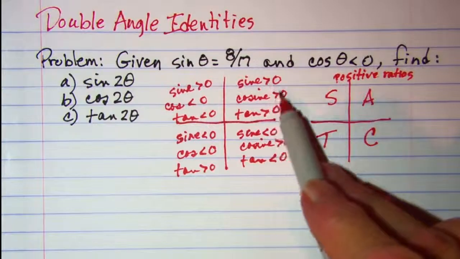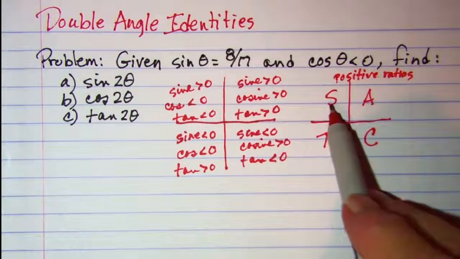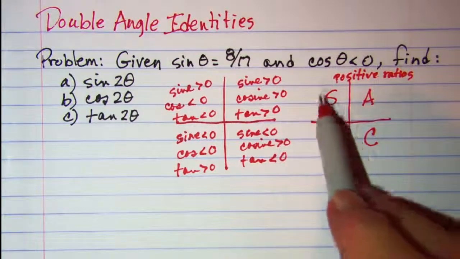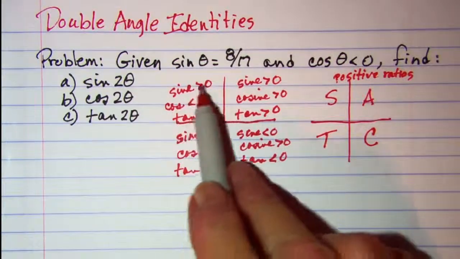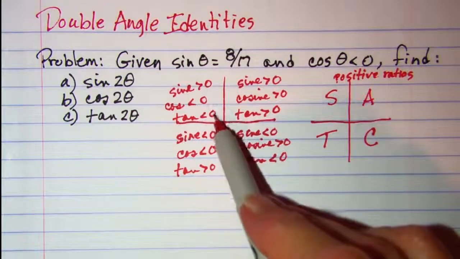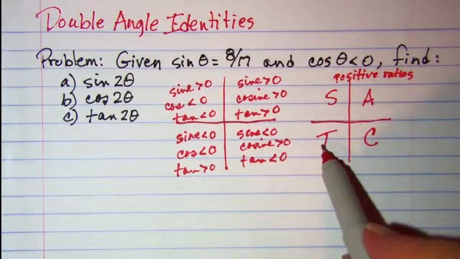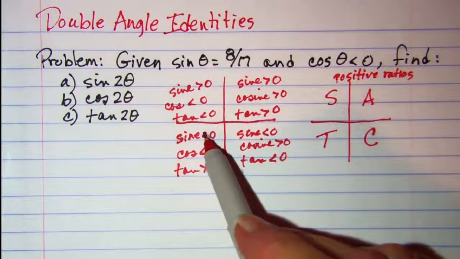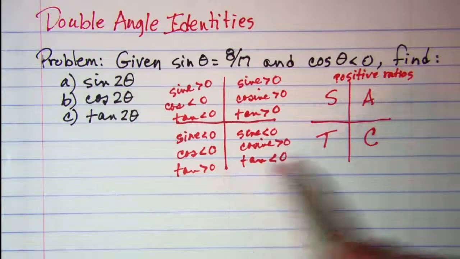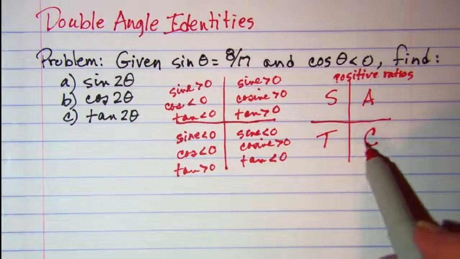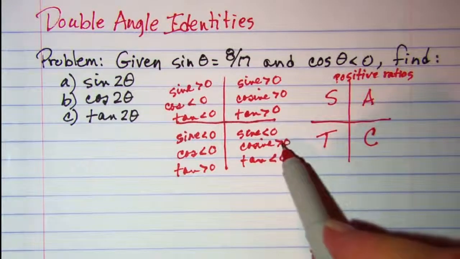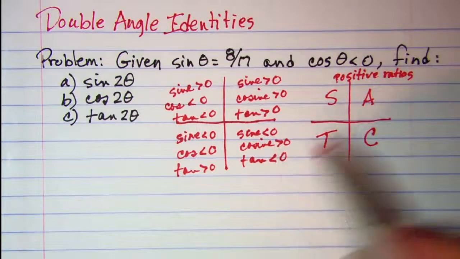Notice they're all positive. Only the sine ratio is positive in quadrant 2. The other two are negative. Only the tangent is positive in quadrant 3. Sine and cosine are negative. And in quadrant 4, only the cosine is positive. The other two are negative.